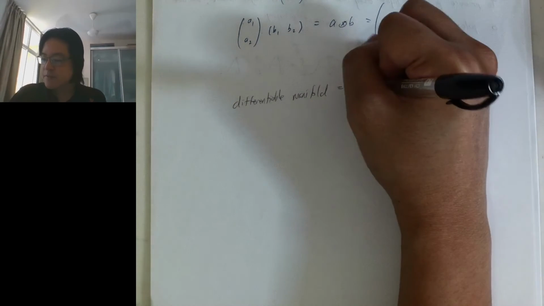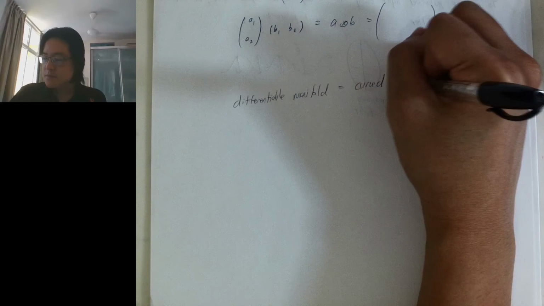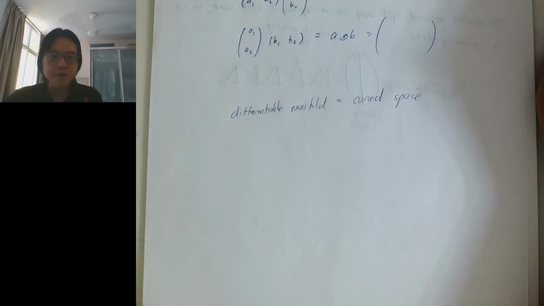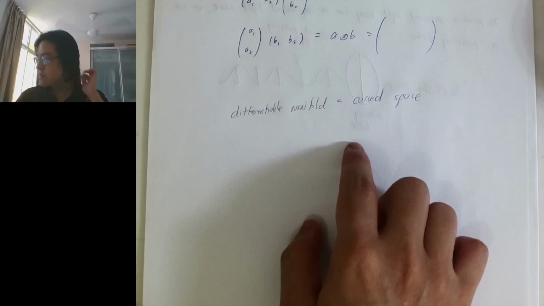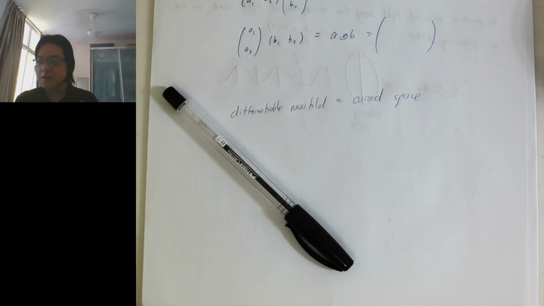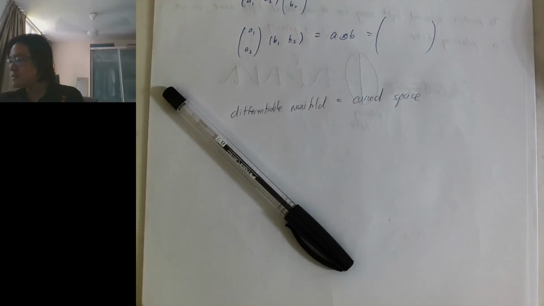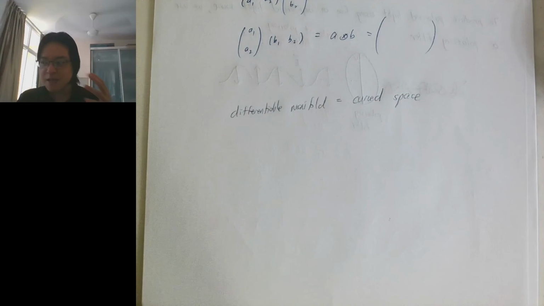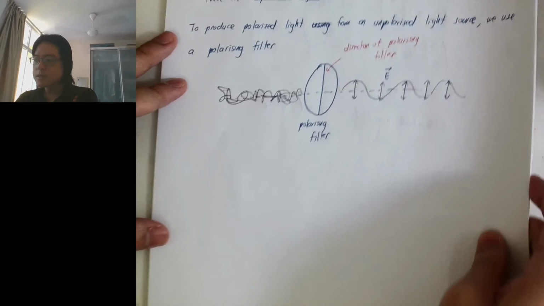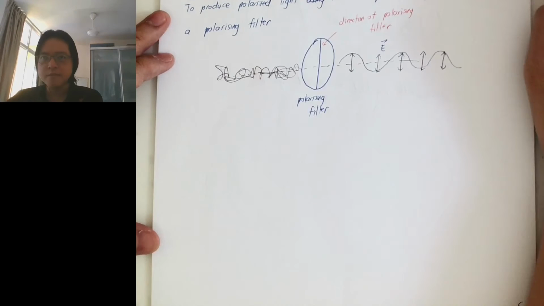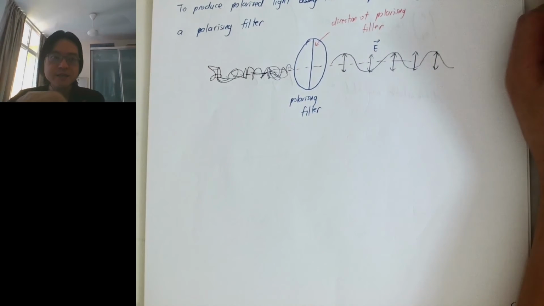It's a space with some kind of curvature, and this is why in general relativity we use differentiable manifolds all the time, because Einstein's theory says that gravity is the curvature of space, and it has many mathematical properties related to it. In math, it is a third year course, I think, differential geometry. You will learn this in differential geometry.